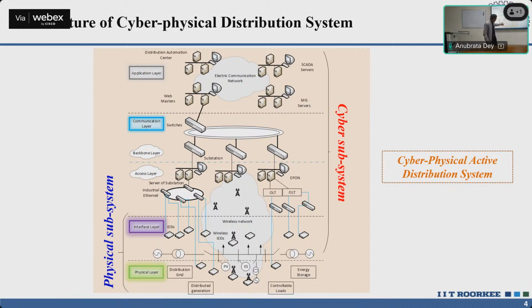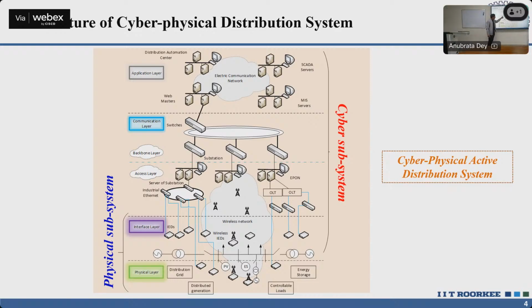For example, this IED is going to establish the connection with the smart meter, with the DER, and with transformers also nowadays, right? Real time monitoring of transformers is also there. That part is done in this layer, that is your interface layer.